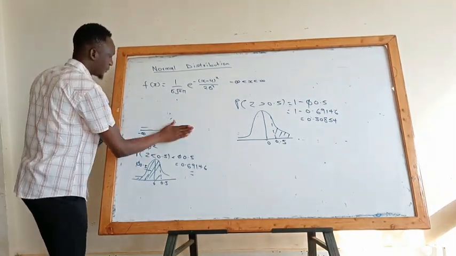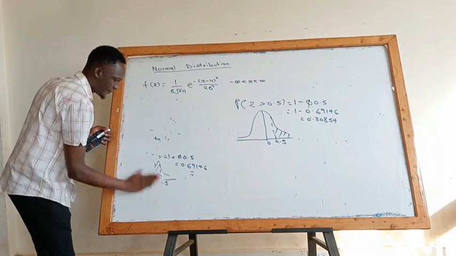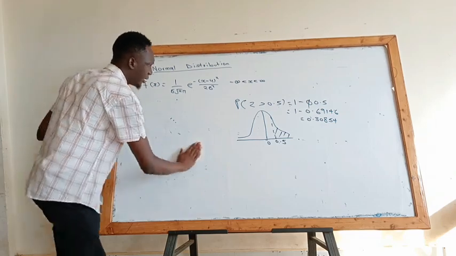What if we are finding probabilities involving negative values?